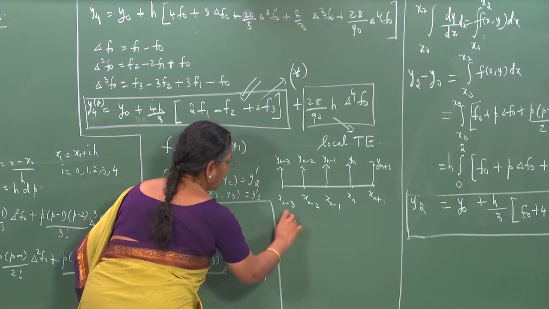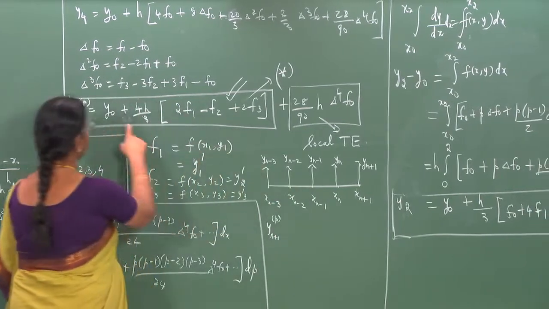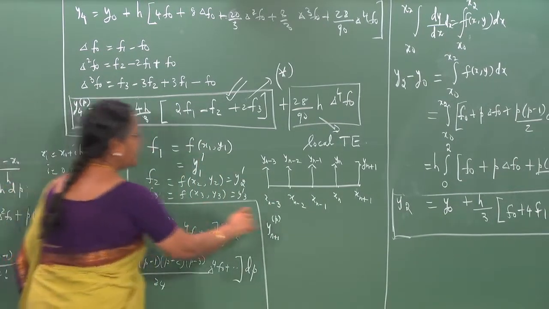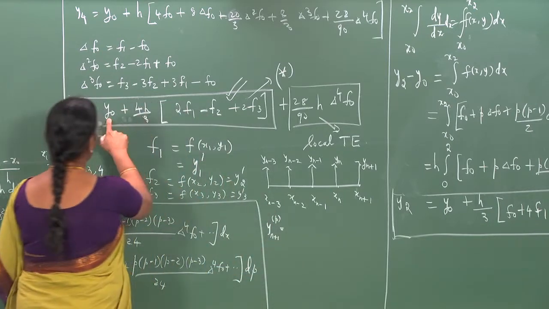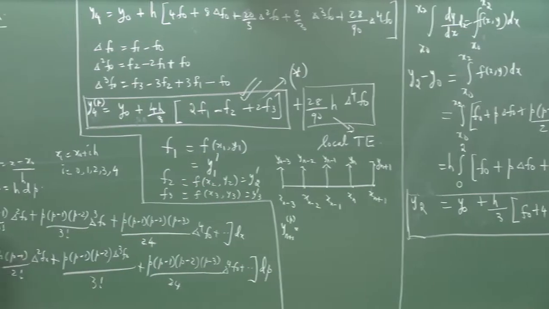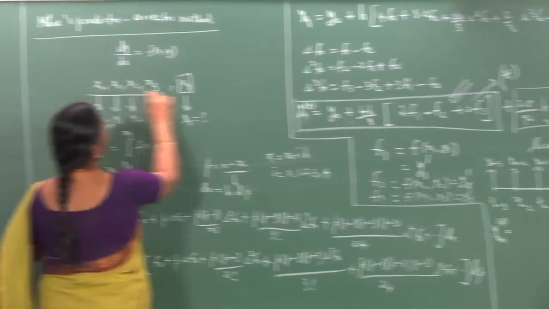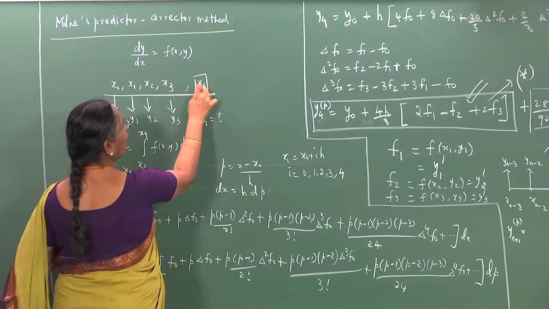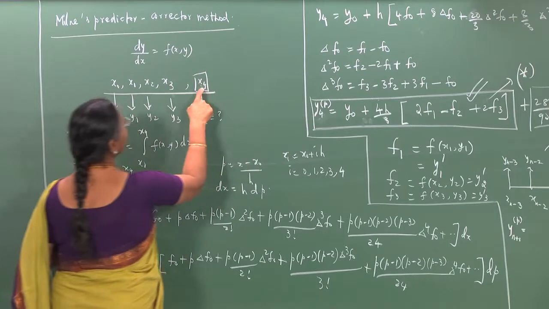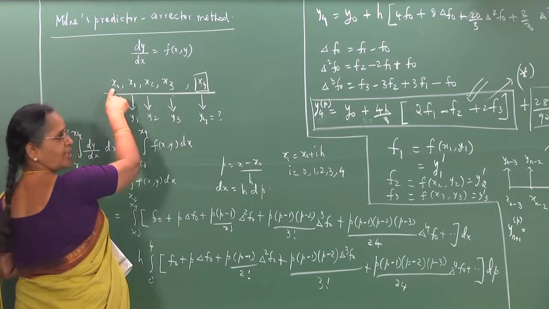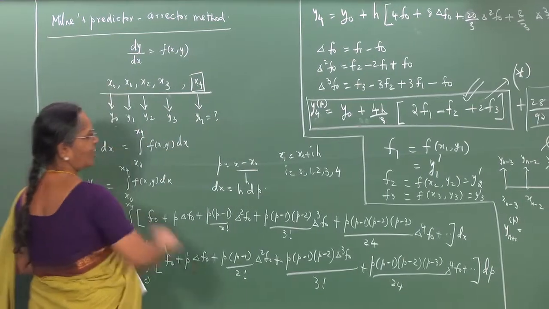yn plus 1, which we want to predict, is y naught. Just look at this picture, right. y4, which has to be predicted, is given by y naught, which is the solution at x naught.